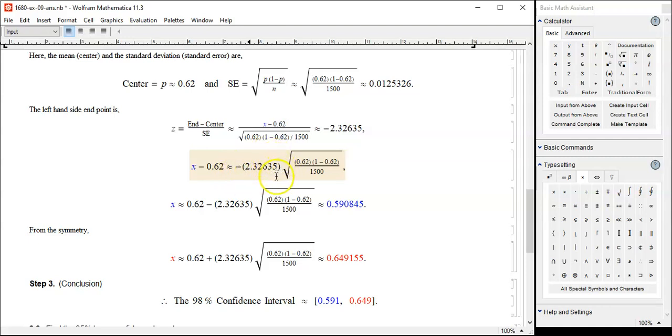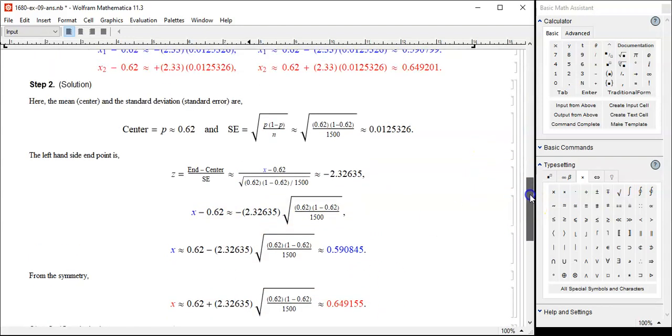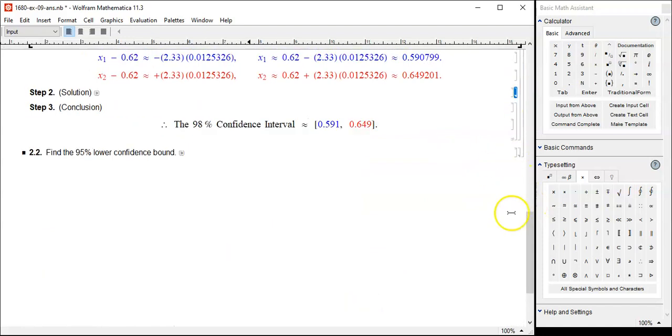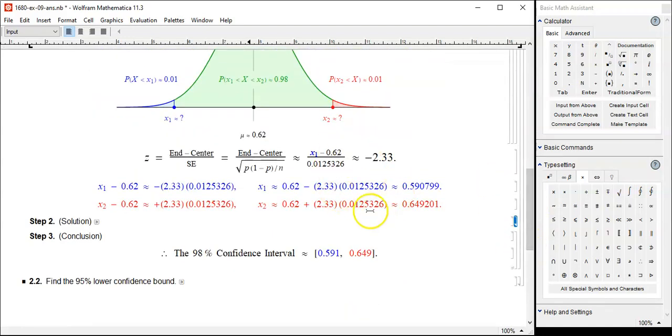So closer to 2.33, but this one's a little bit more accurate. And then if I use these figures, we get these, eventually that, and in the end nothing changed, as a matter of fact. Whether you use the table or a little bit better method using computer algebra system, in the end I got the same answer as before.